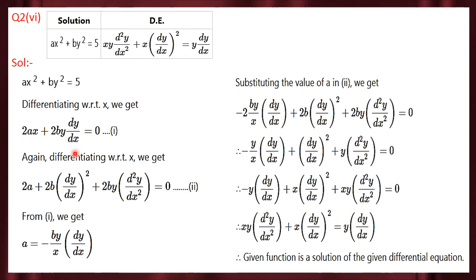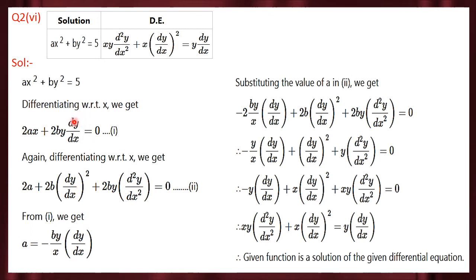We will differentiate it using the product rule. So first 2b into dy by dx into derivative of y, that is dy by dx. So both dy by dx make it whole square, plus 2by into derivative of dy by dx again with respect to x, that is the second order derivative, which is equal to 0.